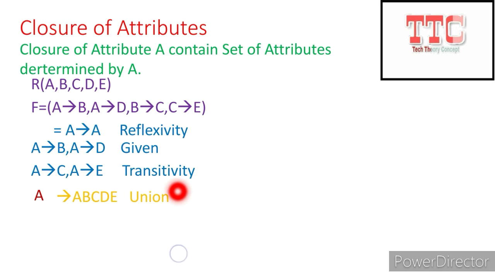Here we have checked all the functional dependencies that start from A, but here A may contain a combination of attributes or a set of attributes. For example, if we want to check all the functional dependencies starting from AB, then the first Armstrong axiom rule that we can apply on AB is the reflexivity rule.